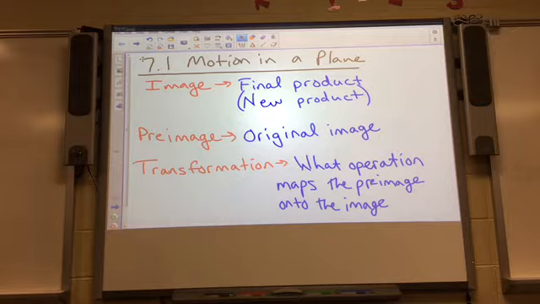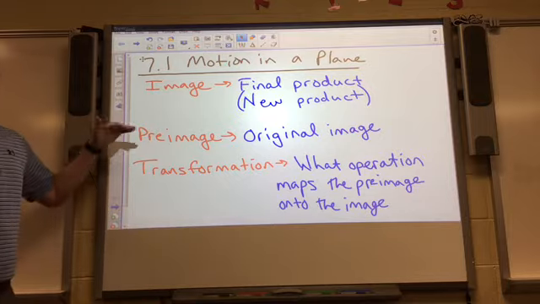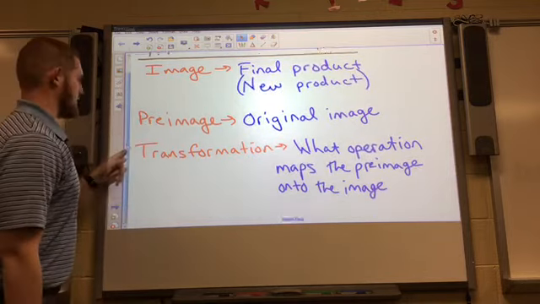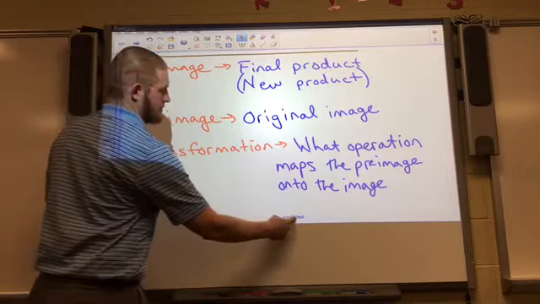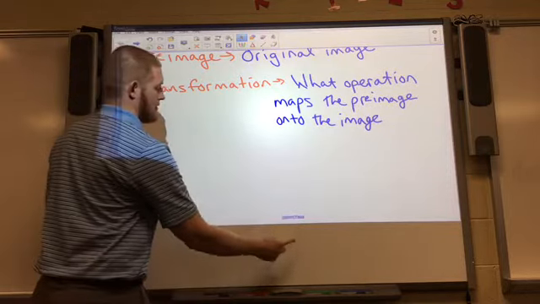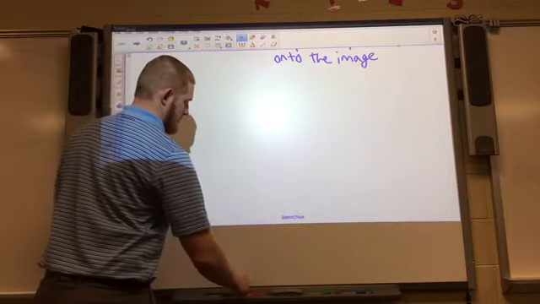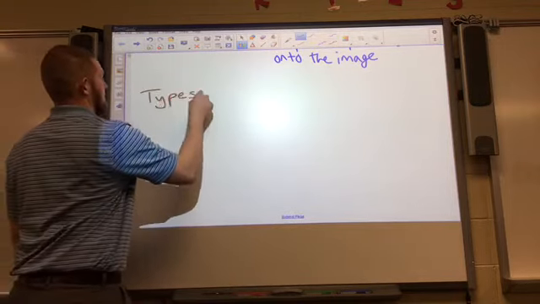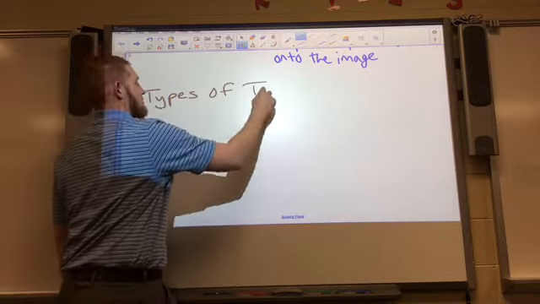Now with that, we don't have a whole bunch, but we have 3 different types of transformations that we need to talk about. Your book doesn't do this, but I want to talk about the types of transformations.